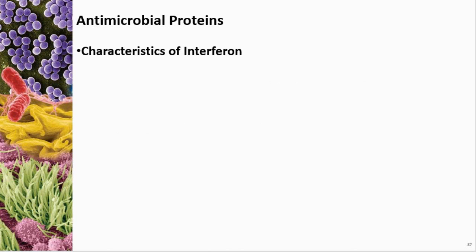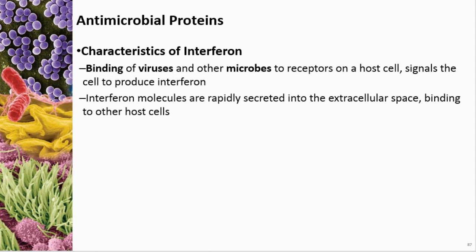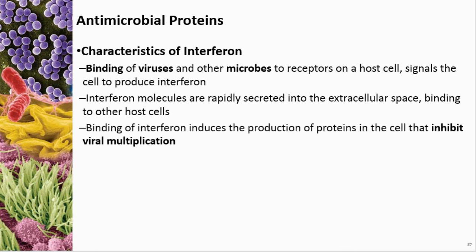So characteristics of them. Interferon causes the binding of viruses and other microbes to receptors in the host cell and signals the cells to produce the interferon. So they are then secreted into the extracellular fluid and bind to other host cells, which then causes them to do the same thing, so it becomes a chain reaction.